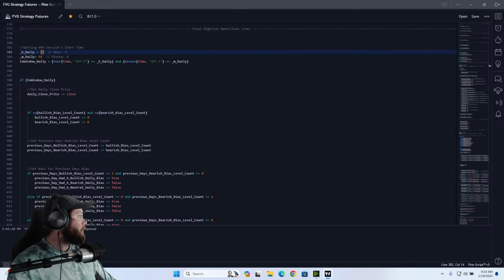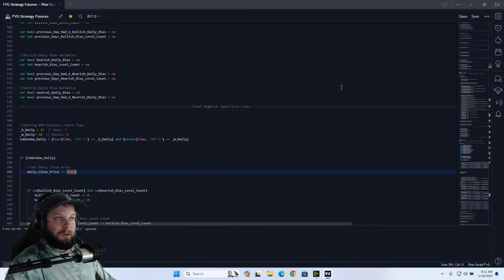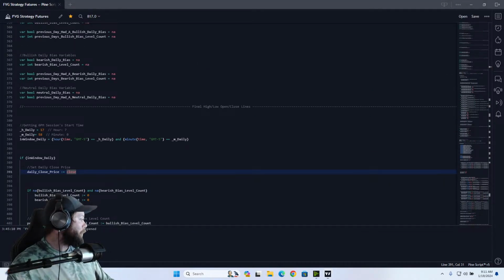Minimize. All right. So right here we have, let's see, minimize Chrome.